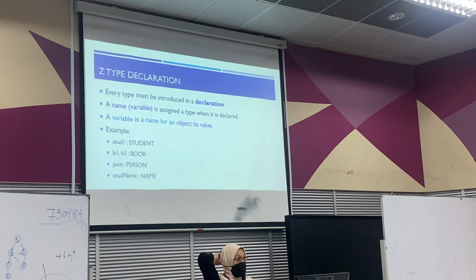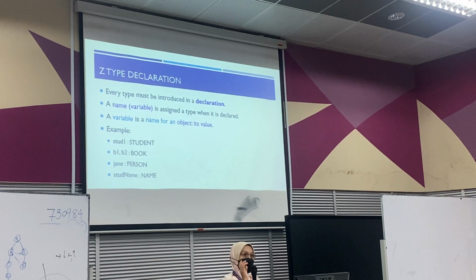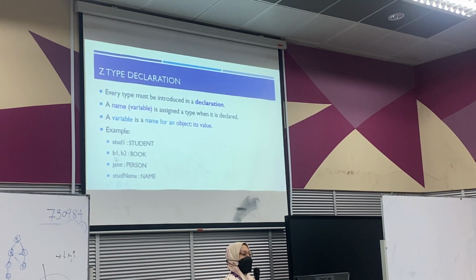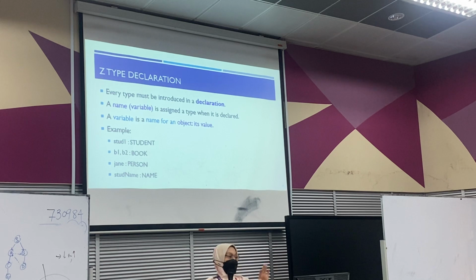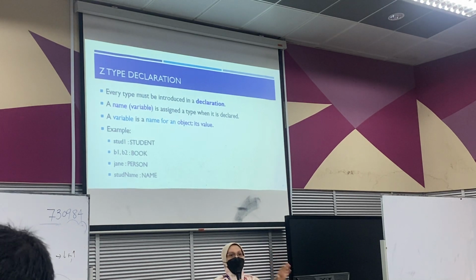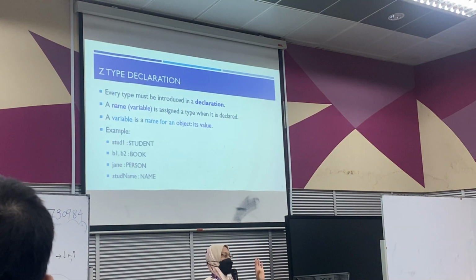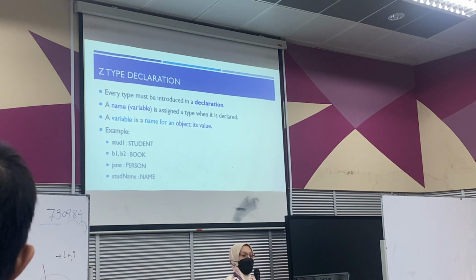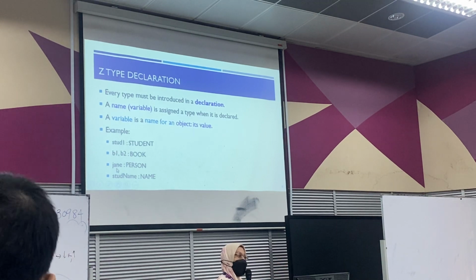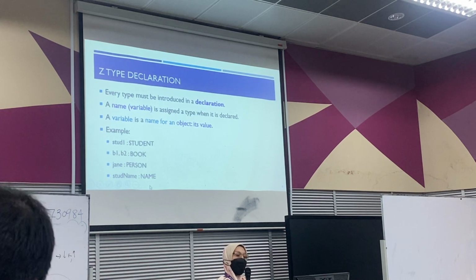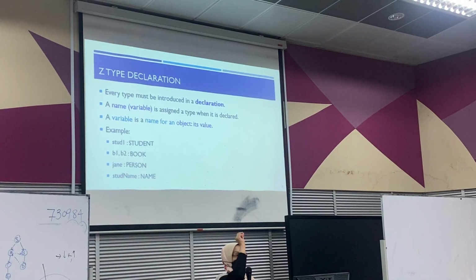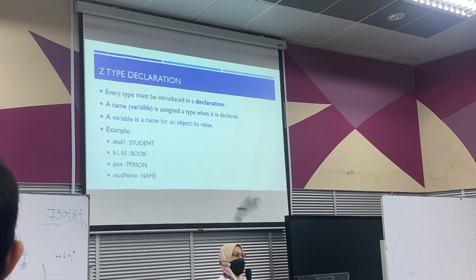This one means that I will have two books, book 1 and book 2, of type book. Book 1, book 2 of type book means one book for book 1, one book for book 2, single. So the way to declare your variable is you must have a colon in between.